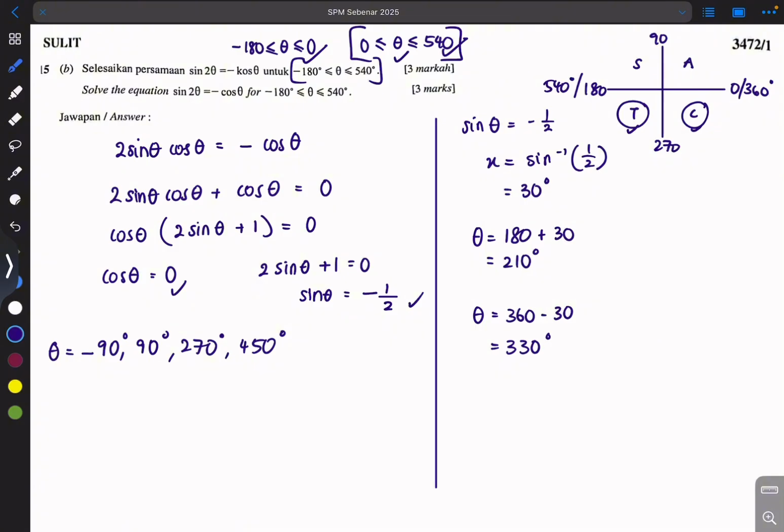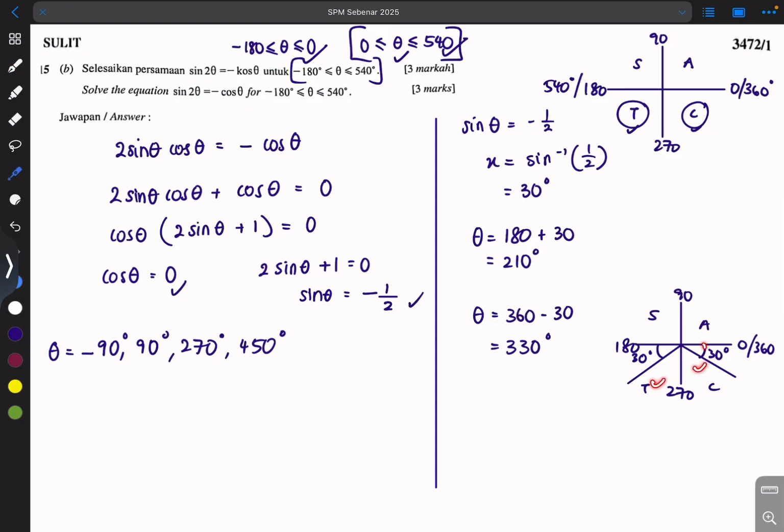Then we look at the negative range. So negative range 0, 270, 360. So negative range is from here to here. So let's draw our angles first. Our acute angle is 30. This is 30. So sine is negative in these 2 quadrants.